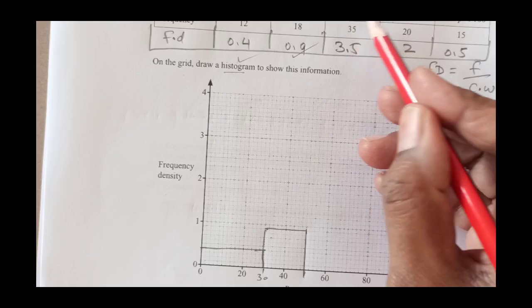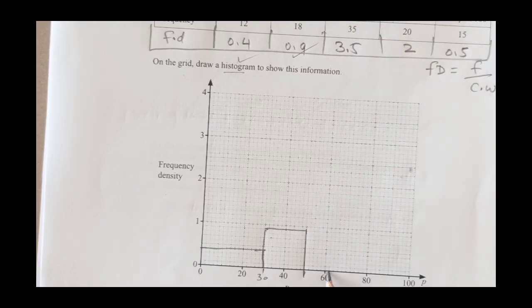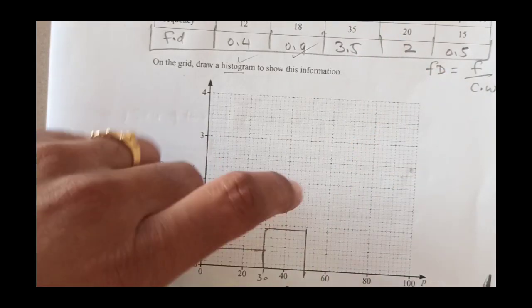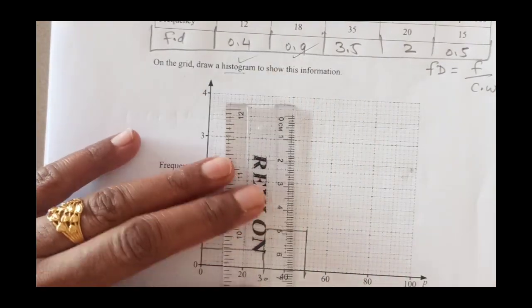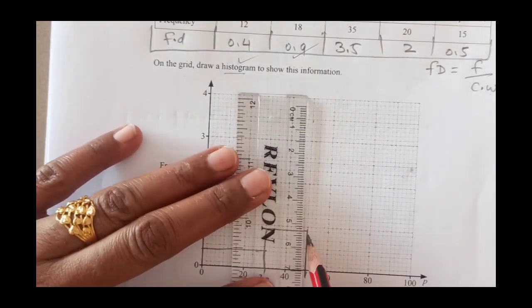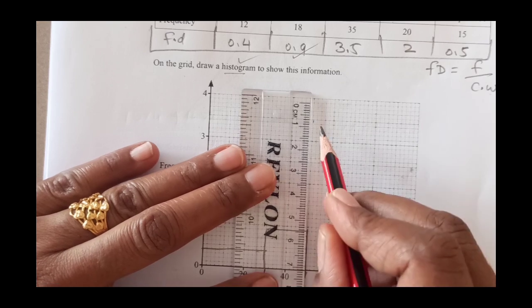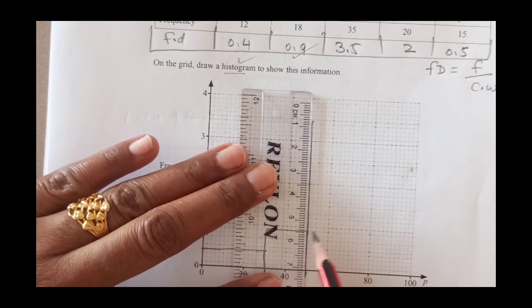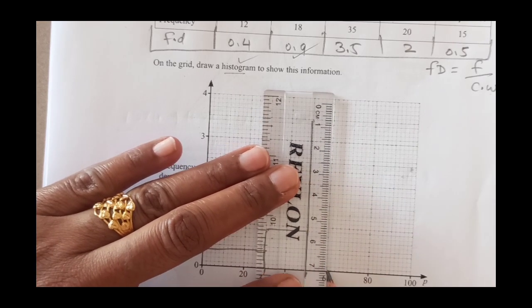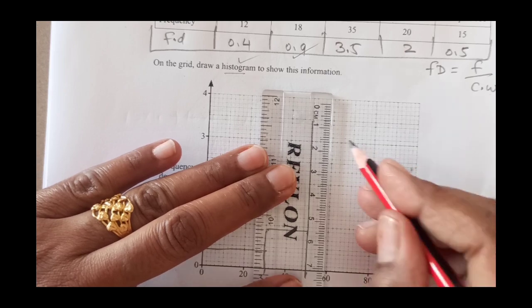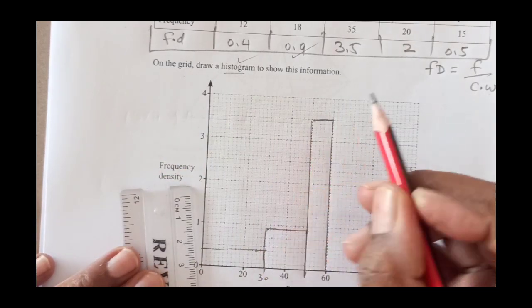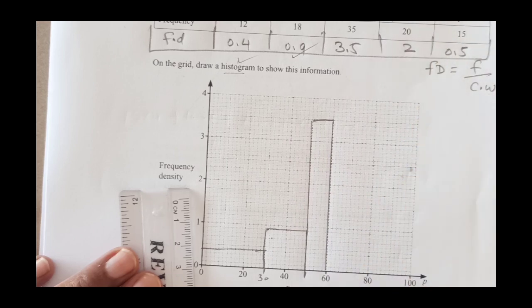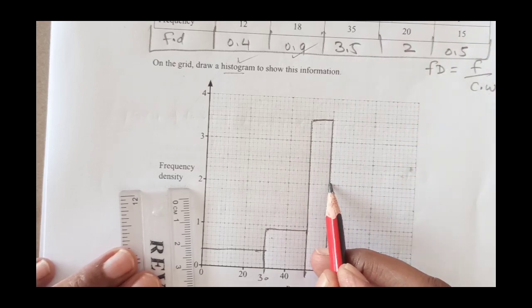Then we have 50 to 60. 50 to 60 is 3.5. So 3.5 is going to be here in the middle. This is from 50 to 60, like this, right? Then we have 60 to 70, which is 2. 2 is here.